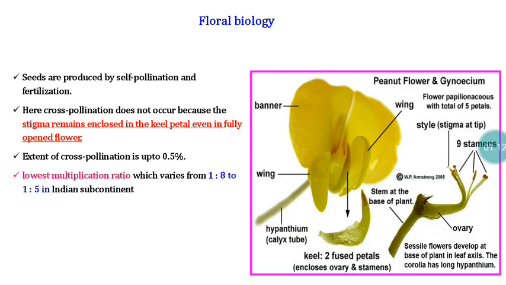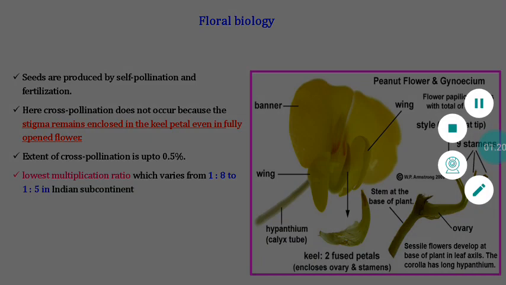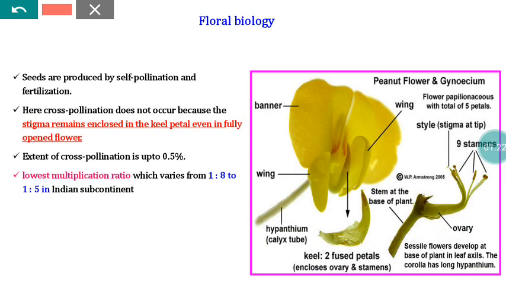Then regarding the floral biology of the groundnut, it's a strictly self-pollinated crop. That is mainly because of the keel petal. So here in the flowers you can see this is a keel petal. This is an isolated keel petal. The keel petal completely covers the stigma. The entire stigma is completely covered by the keel petal.